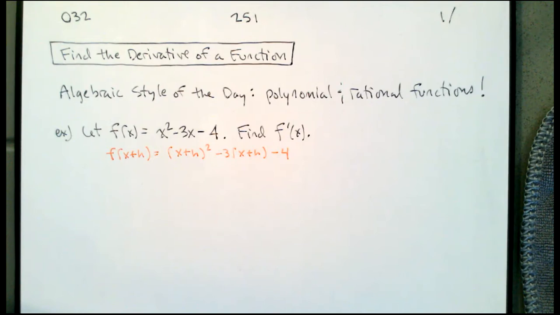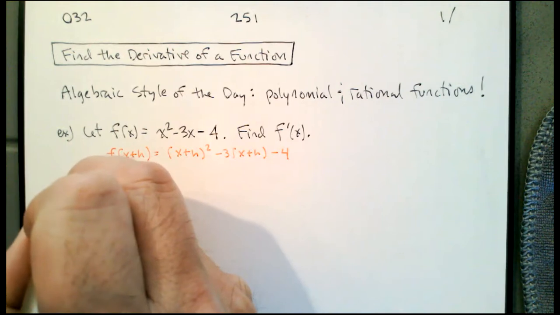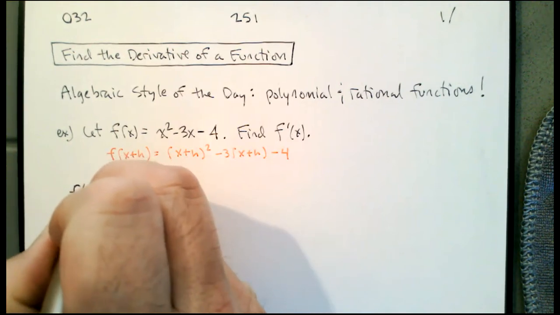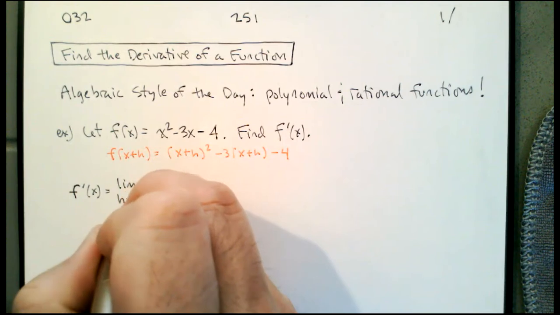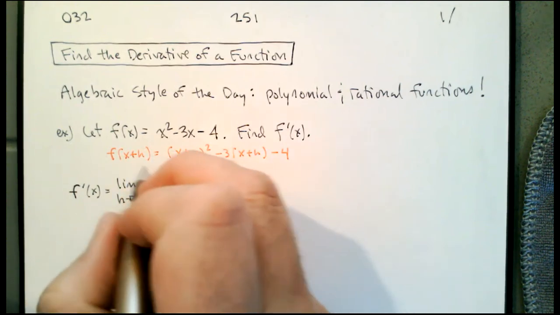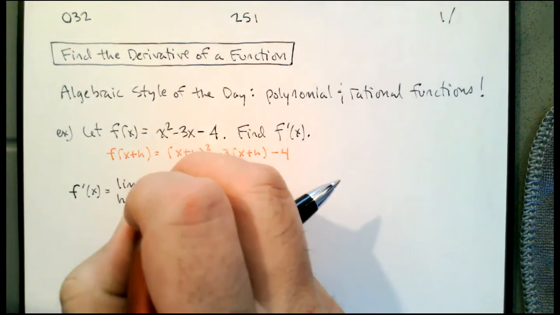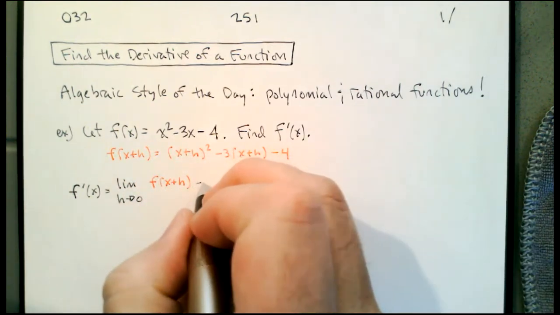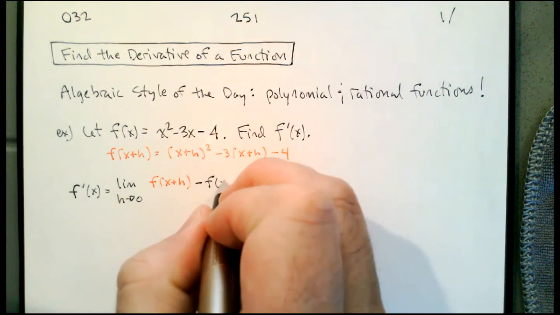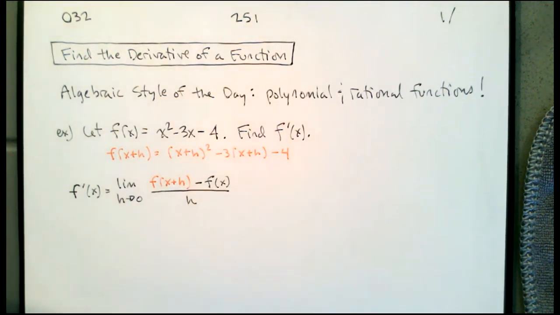So let's plug this function into our definition of derivative, where f prime of x will be the limit as h goes to 0 of f of x plus h minus f of x over h.